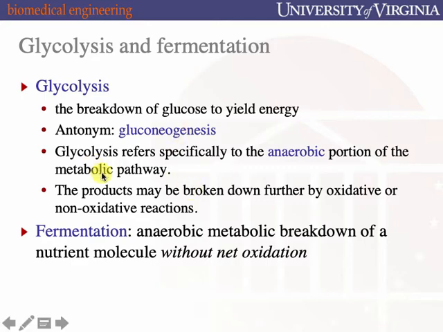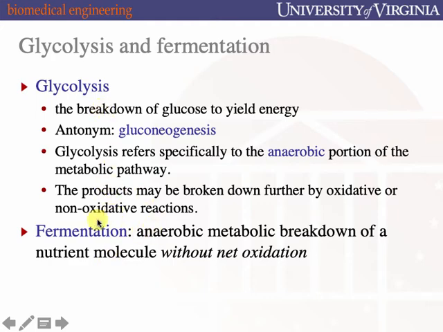I already said that glycolysis is anaerobic, so no need for oxygen for this pathway to take place. And where the aerobic versus anaerobic split occurs is at the output and the intermediate steps that happen after the output of glycolysis. And we'll see if we get to that point today.